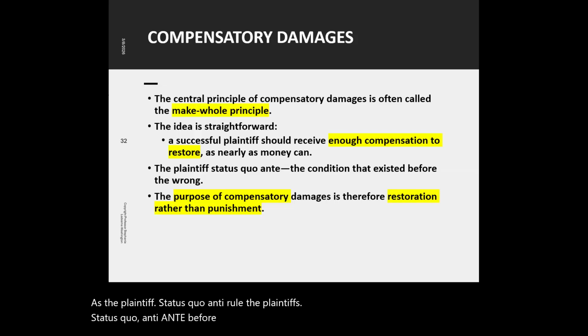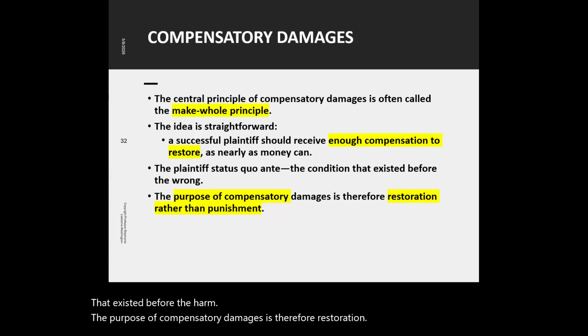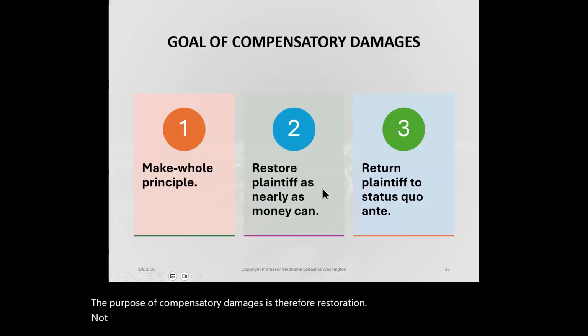That is the condition that existed before the harm. The purpose of compensatory damages is therefore restoration, not punishment, compensation and restoration.